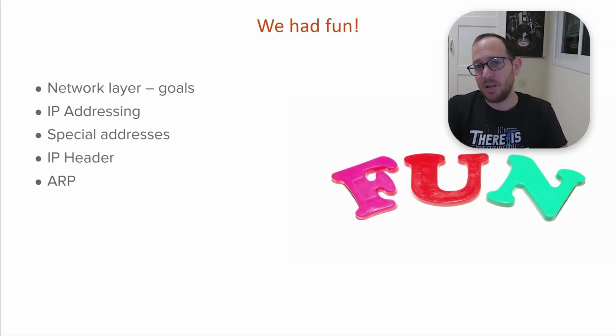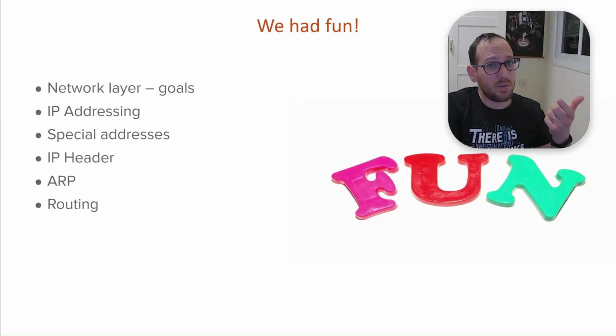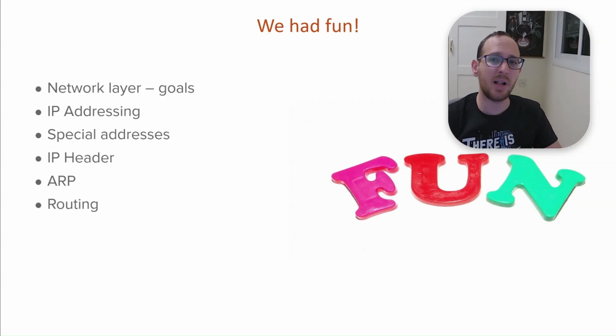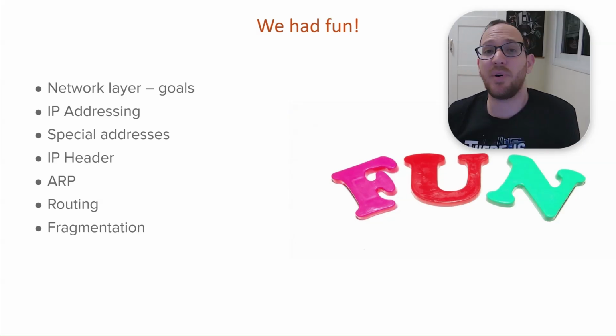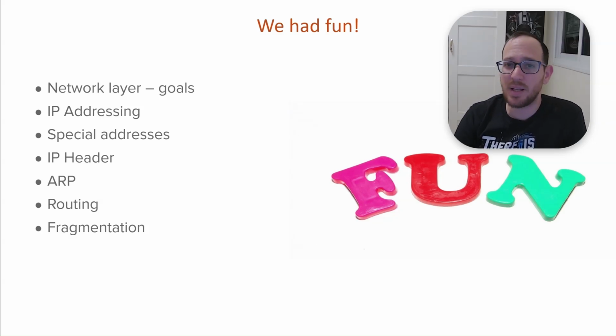We learned about the ARP protocol, the address resolution protocol, routing a little bit. We saw a routing table. We didn't really talk about routing algorithms. That's out of scope of this specific video. We learned about fragmentation in general and specifically in IPv4, so you know how that works. We also demonstrated what it can look like.